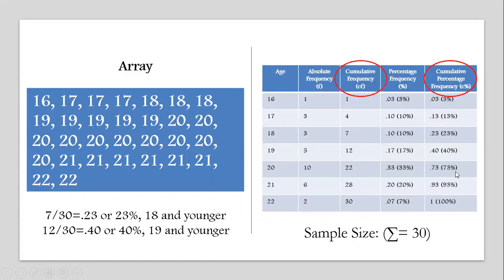So what this is telling us is that 7 individuals, or 23% of our sample, reported being 18 and younger. In addition, 12 individuals, or 40% of our sample, reported being 19 and younger. So this is what our cumulative percentage frequency column or distribution table would look like.